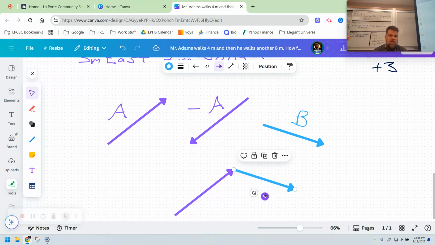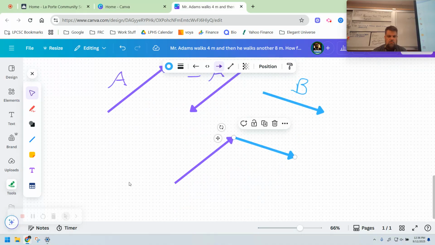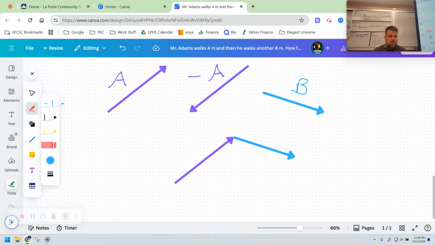And so if I label these two, I would call this A plus B. So A plus B means something. This is vector A and this is vector B. If this is a plane and this is the wind, what direction does the plane actually go and how fast does it actually go?